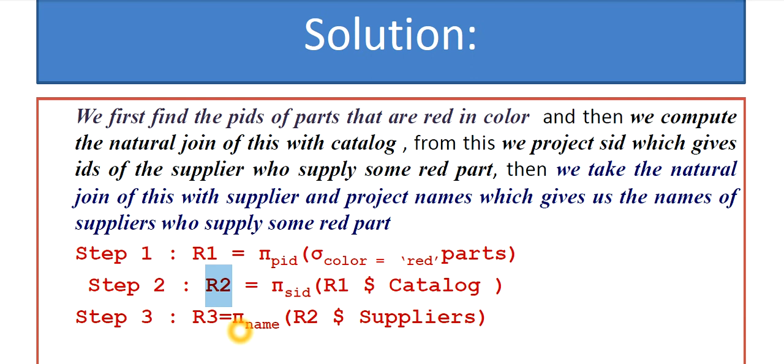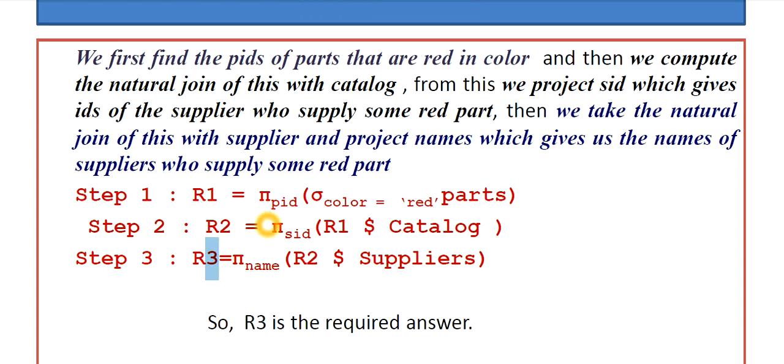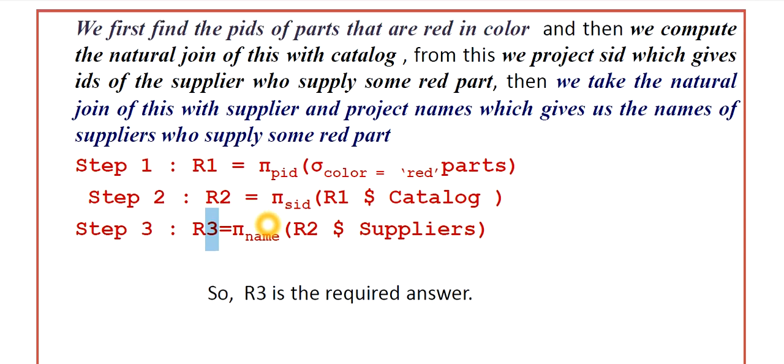So we again apply the project operator on the natural join with respect to name. Ultimately, we got the names of those suppliers who are providing red color parts, isn't it? That is stored in RT. So RT is the required answer.